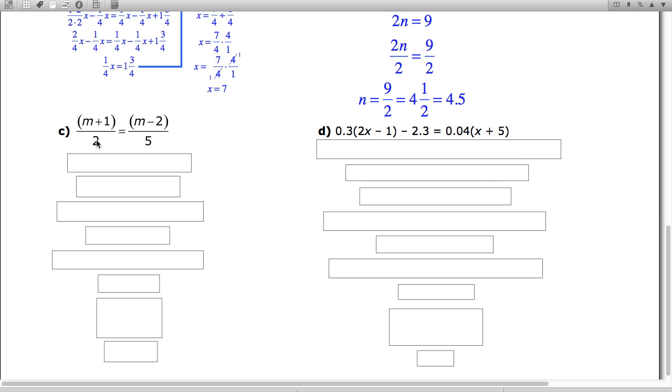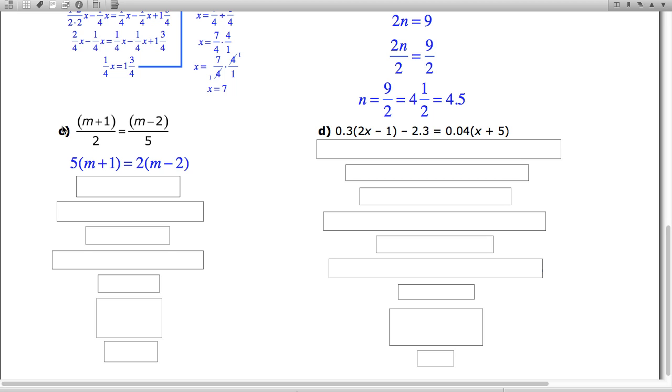In part C, we have m plus 1 over 2 equals m minus 2 over 5. Now the way I'm showing this work here is doing the cross multiplying as we did before. Another way to look at it is that we're multiplying both sides of the equation by 10, which is the least common multiple of 2 and 5.